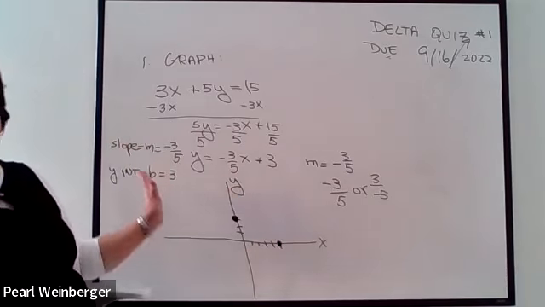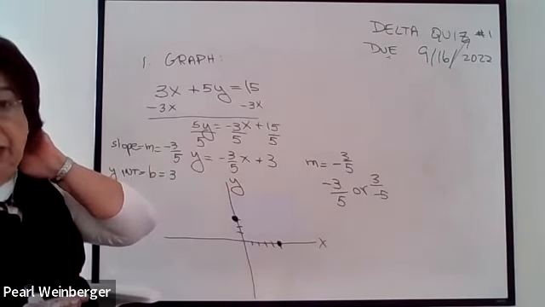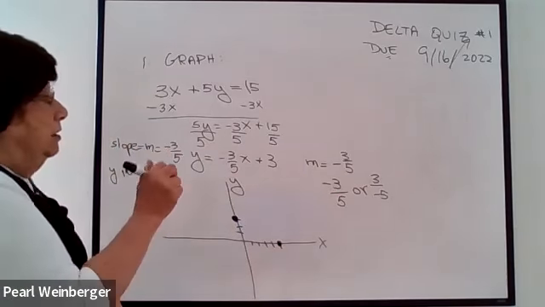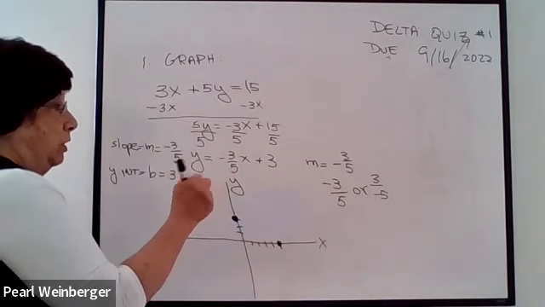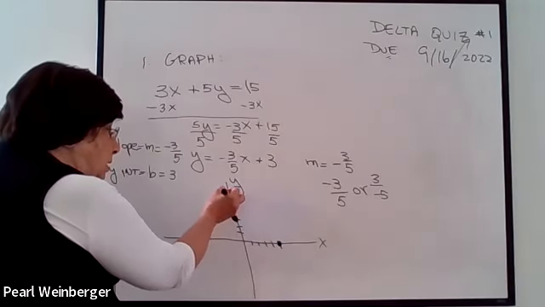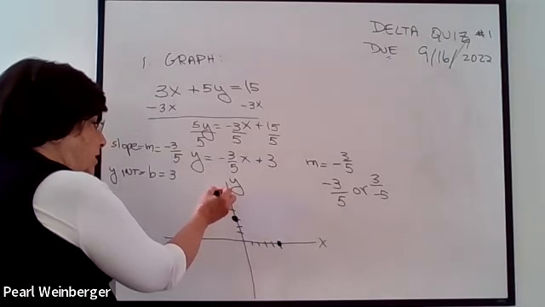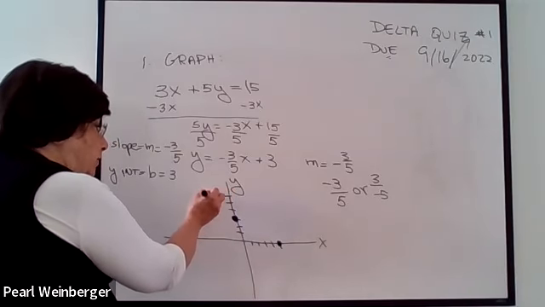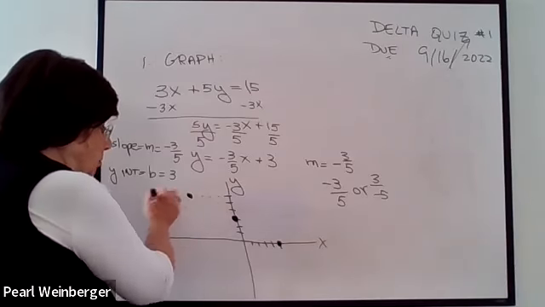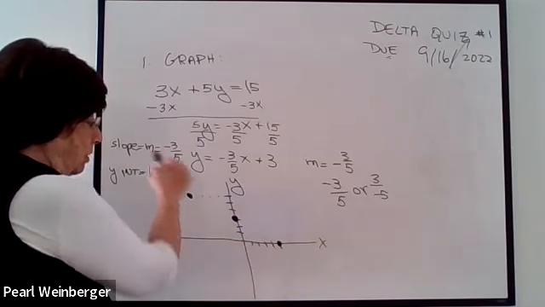Again, I could just draw my line. If I want more points, I can just do the opposite. I can take it as positive 3 over negative 5, which means rise 3, but run negative 5, which means go 5 to the left. Now you notice when I do this, the points all line up.